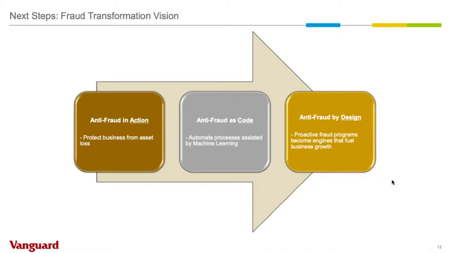Our vision is really to go into anti-fraud by design, taking all these lessons learned and baking them into our existing business and technical processes, and incorporating machine learning into those processes using techniques such as step-up challenge and risk-based approaches.